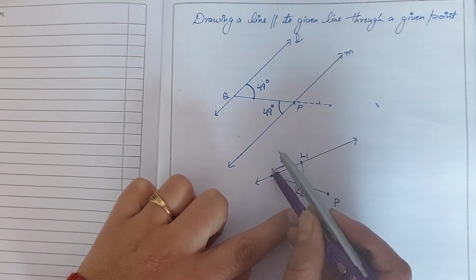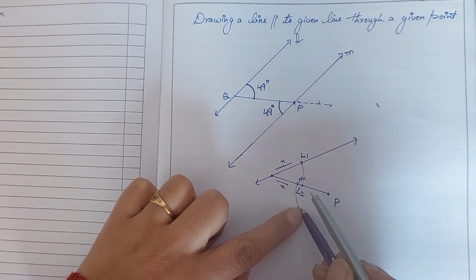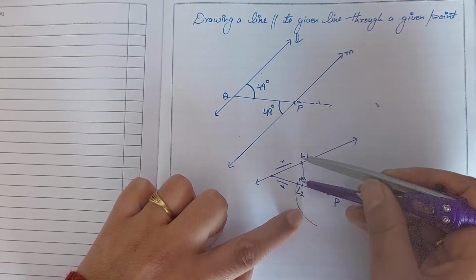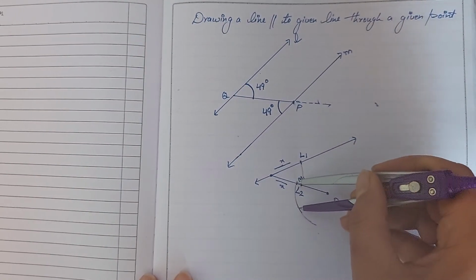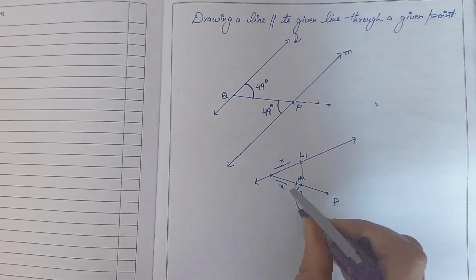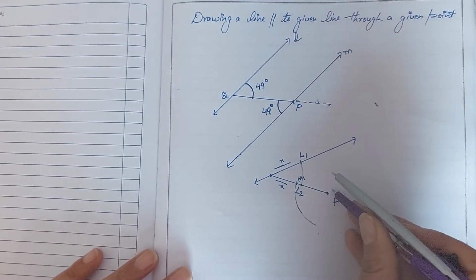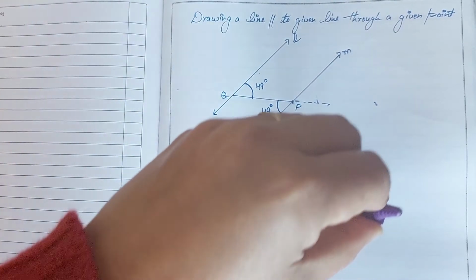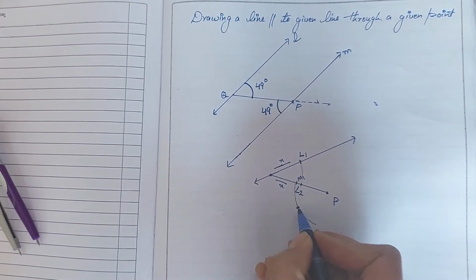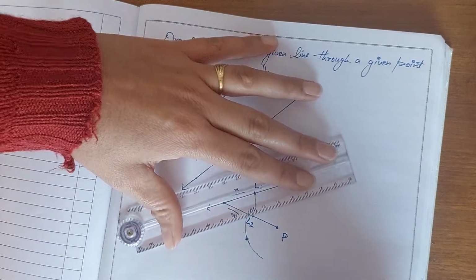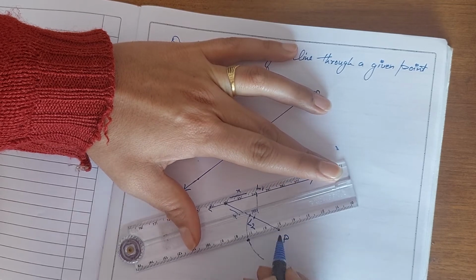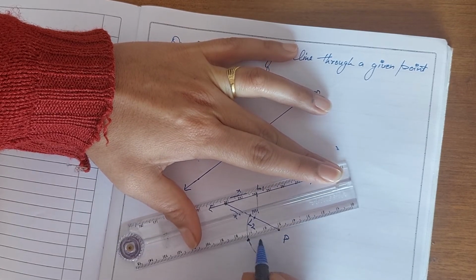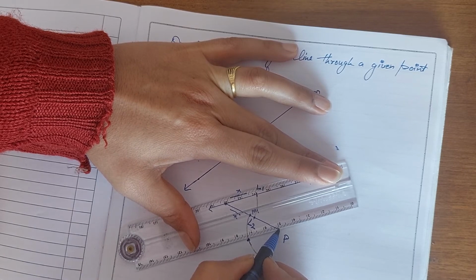Then we'll get this angle here also. So I'm just going to measure from M1 till here. So this is the point here. That means the other line parallel to this is going to pass through this point. Let me highlight it. So here is the point, and if we join these two points, this P and this one, we are going to get a parallel line.